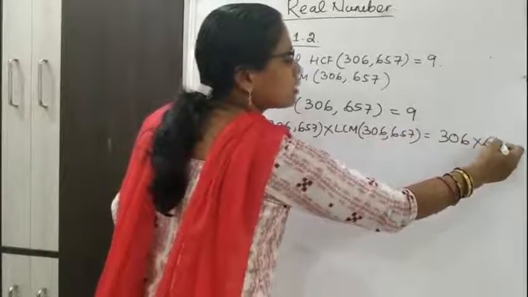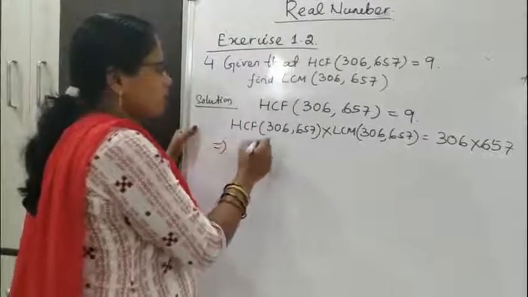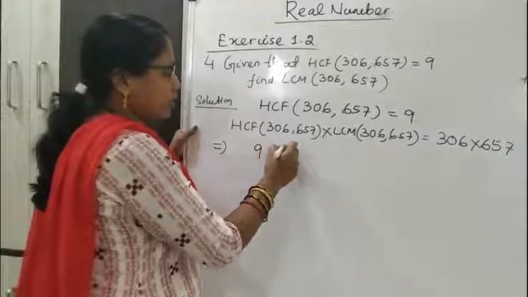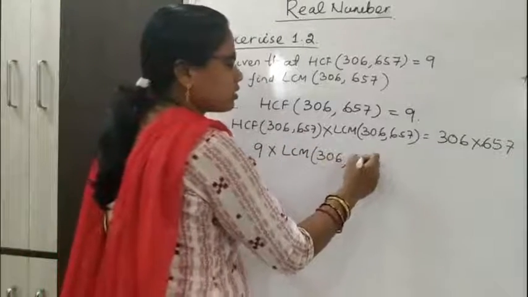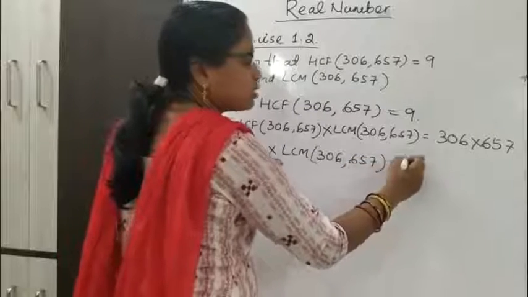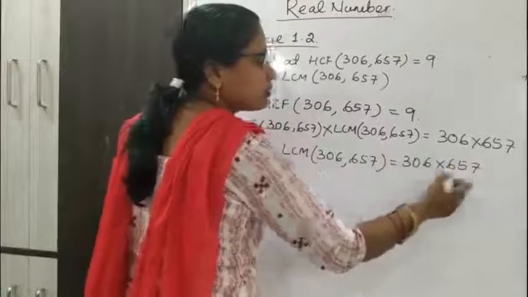So the HCF of 306 and 657 multiplied with the LCM of 306 and 657 is equal to 306 into 657. This implies 9 into the LCM of 306 and 657 is equal to 306 into 657.